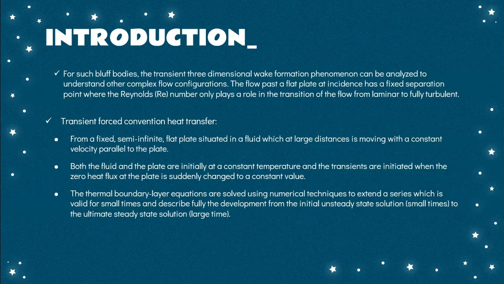The thermal boundary layer equations are solved using numerical technique to extend a series which is valid for small time and describe fully the development from the initial unsteady state solution, small time, to the ultimate steady state solution, large time.